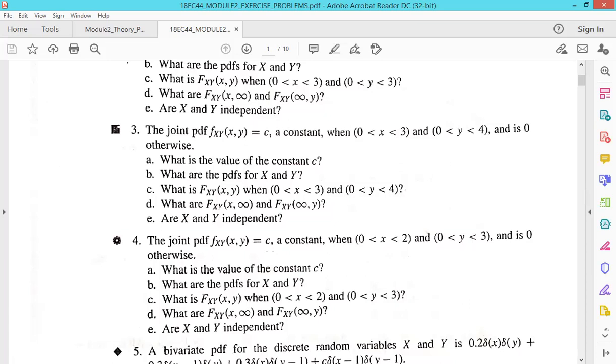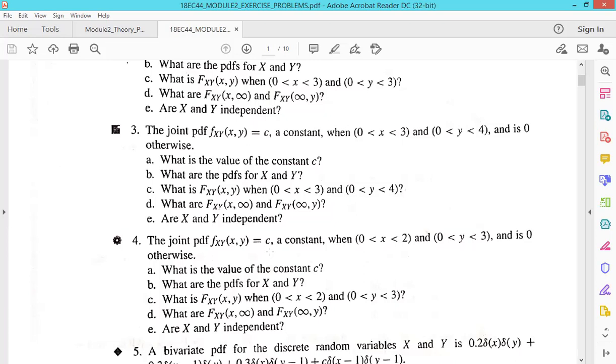So solve 3 and tell me the answer. So I'll just read out the problem. Can you see the PDF? You are seeing the PDF, right? Yes, ma'am. Go through problem number 3 and tell me the answer of c and whatever the different parts are given. For each and everything, make the calculation and tell me the answer.